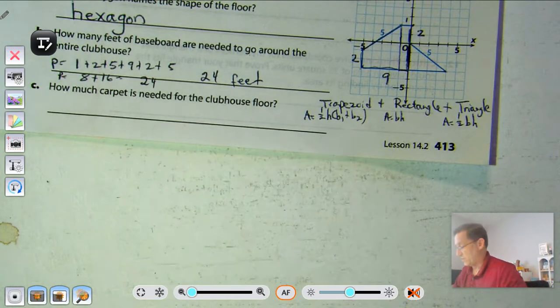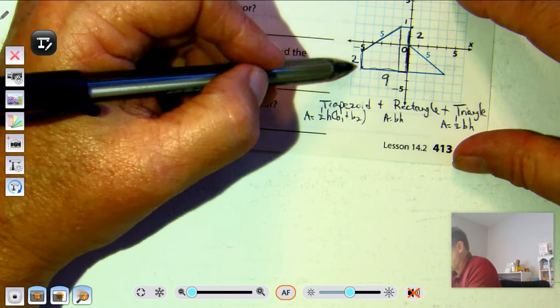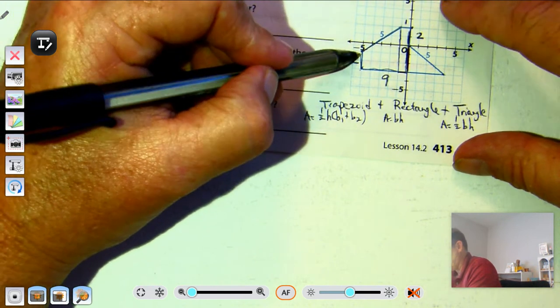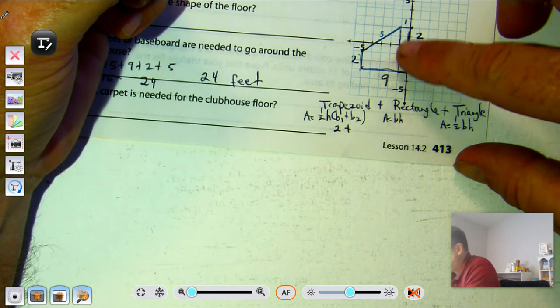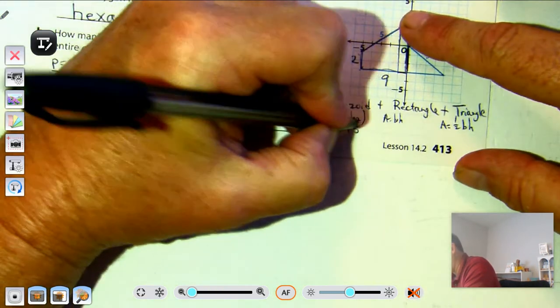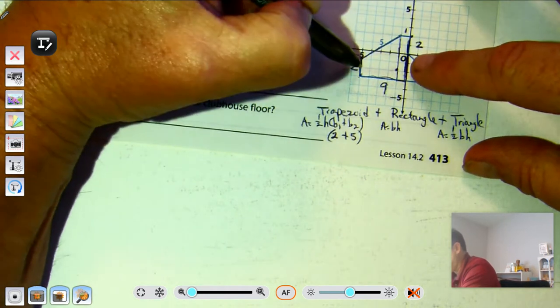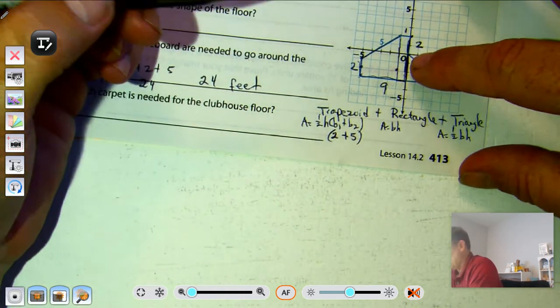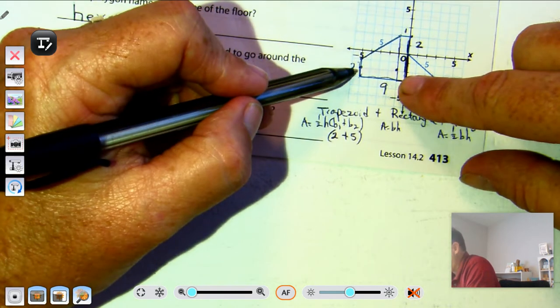So what's the base of the trapezoid? Well, one of the bases is 2, and the other base is 1, 2, 3, 4, 5. The height is from here to here. So it's from -1 to -5.